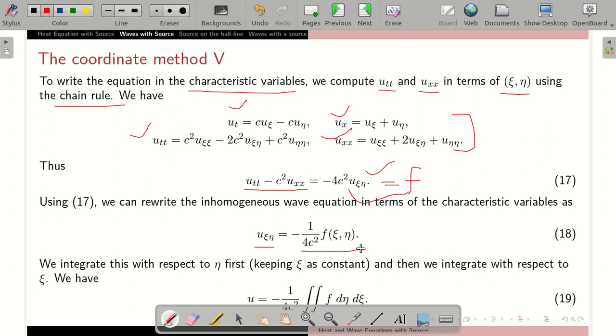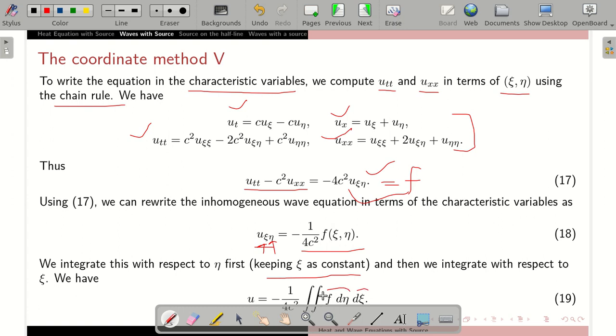Now this equation looks much simpler. We integrate firstly with respect to eta, keeping xi fixed, and then we integrate with respect to xi, keeping the other variable fixed. So the solution is minus 1 by 4c square times the double integral of f, firstly with respect to eta, then with respect to xi.